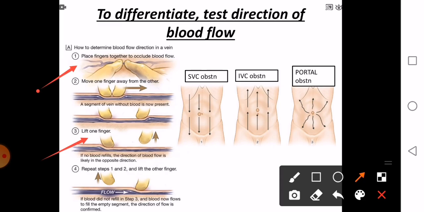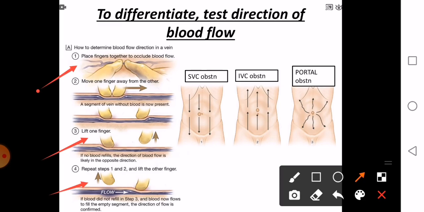If it is not filling, try lifting the other finger and see whether the vein is now being filled or not. In that way, we can see whether the blood is flowing above, below, towards the umbilicus or away from the umbilicus. Based on this, we can decide which vessel the obstruction is in.